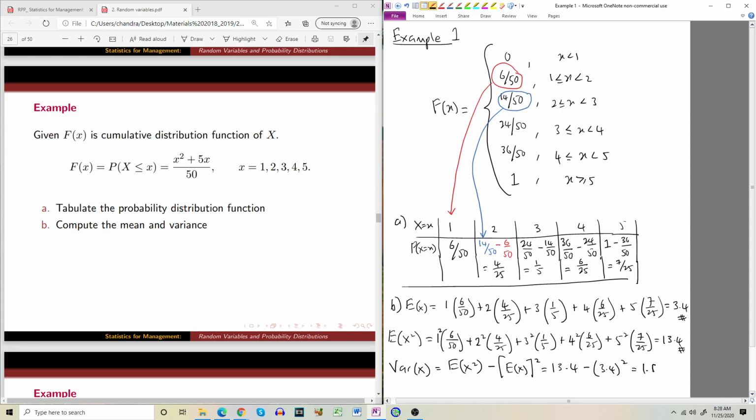Please check whether you get this answer. That is your variance.